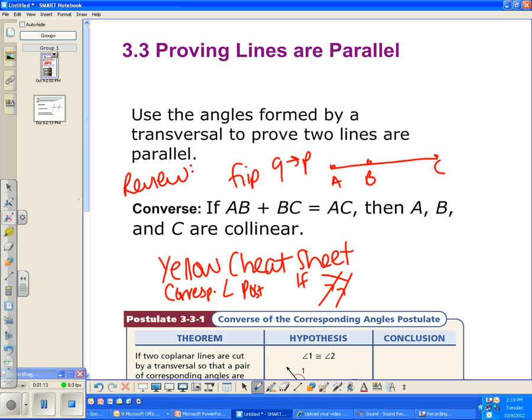If I gave you two parallel lines and said something about this angle 1 right here and this angle 2 over here, then you could say that angle 1 is congruent to angle 2. Well, that's a postulate, and this is a conditional statement. So what we're going to talk about today is if angle 1 is congruent to angle 2, then those lines are going to be parallel. We're flipping it and we're doing the converse of this thing.